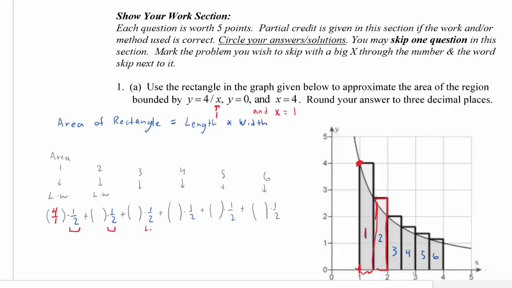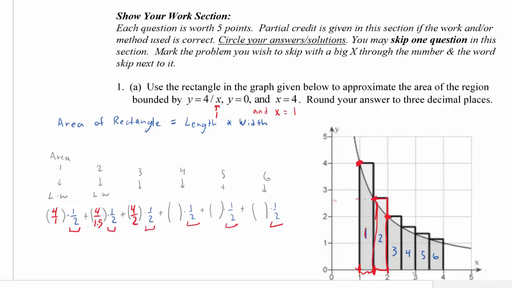In fact, the width of all of our rectangles is 1/2. But the height is given by our function. The y value of our function is 4 over whatever x value that corresponds to. That x value is 1.5. So for the next rectangle, the height is given by the y value of our function at x equals 2. So 4 over 2 times the width is 1/2.